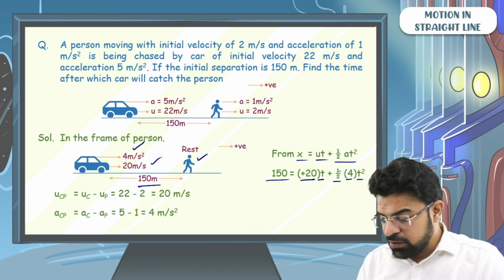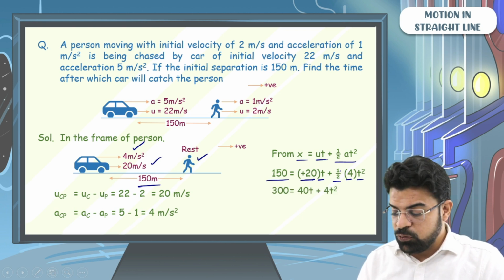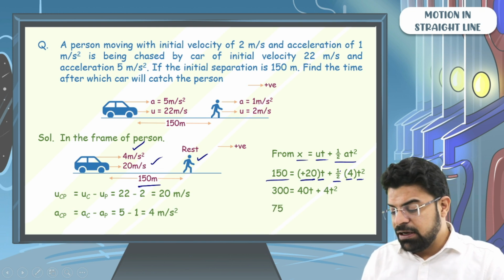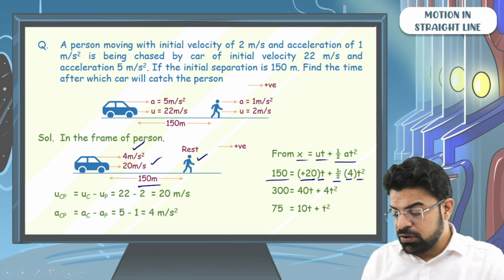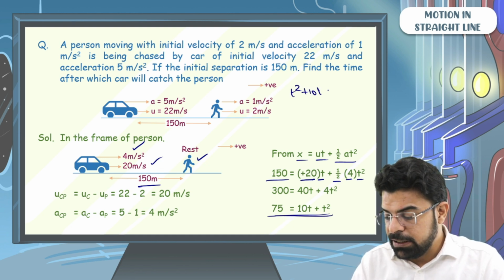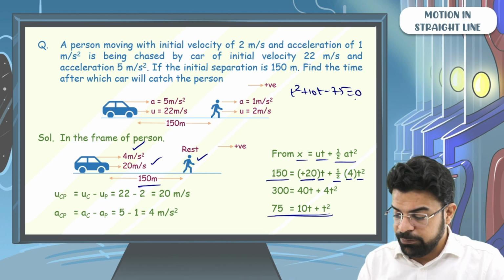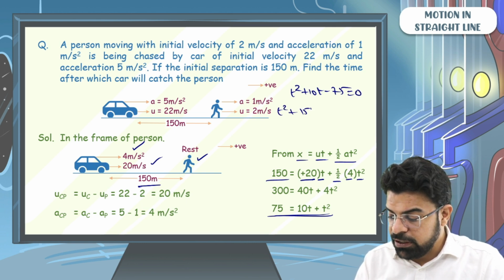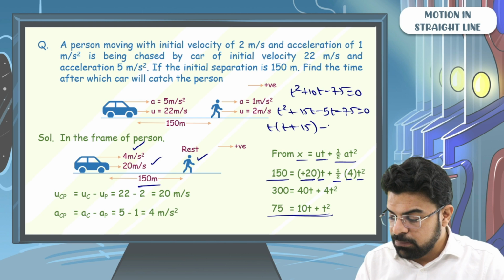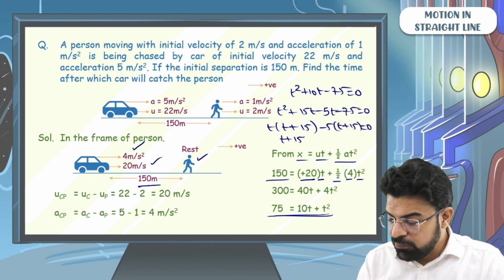Now multiply each term with 2, you get 300 equals 40t plus 4t square. Divide each term by 4, you get 75 equals 10t plus t square. Solving this simple quadratic equation, t square plus 10t minus 75, we can write t square plus 15t minus 5t minus 75 equals 0. Take t common, you get t plus 15, take minus 5 common, you get t plus 15, so t plus 15 into t minus 5 equals 0.